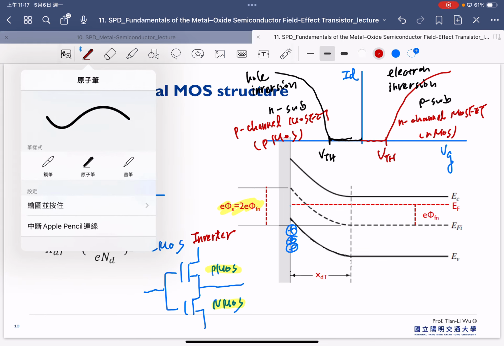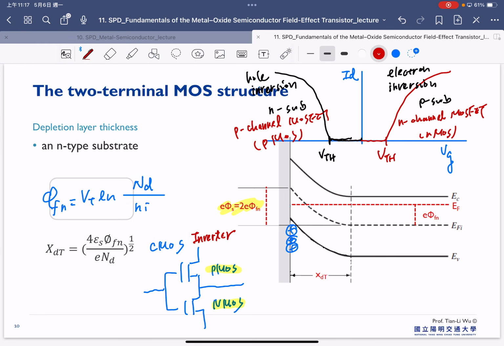The inverter means that if we have the input signal as a 1, it's mainly used for the logic function. So once we have the input signal as a 1, we have the output signal of 0 here. If we have the input signal of 0, we have the output signal as a 1 here.